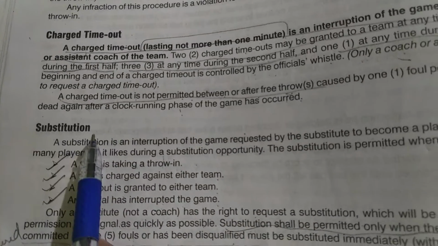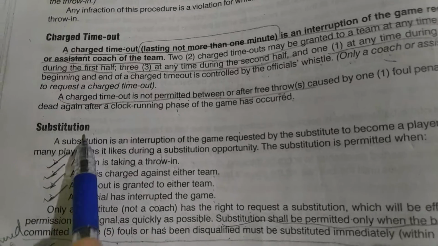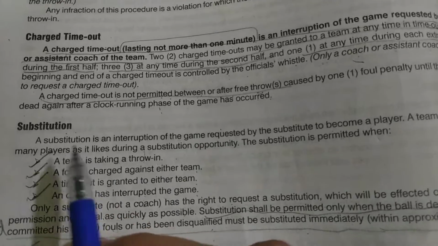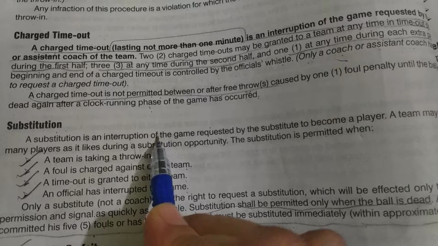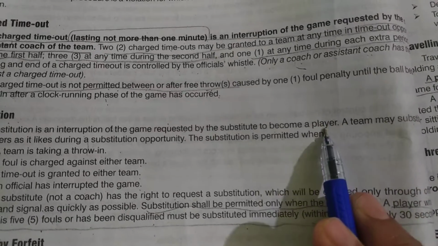The next point is substitution. Substitution means extra players, those who are sitting out of the boundary line. A substitution is an interruption of the game requested by the substitute to become a player.